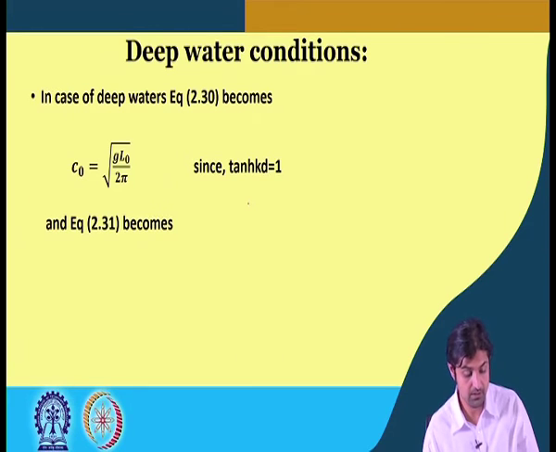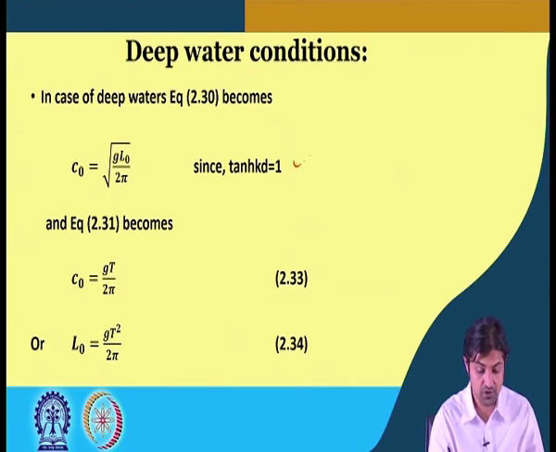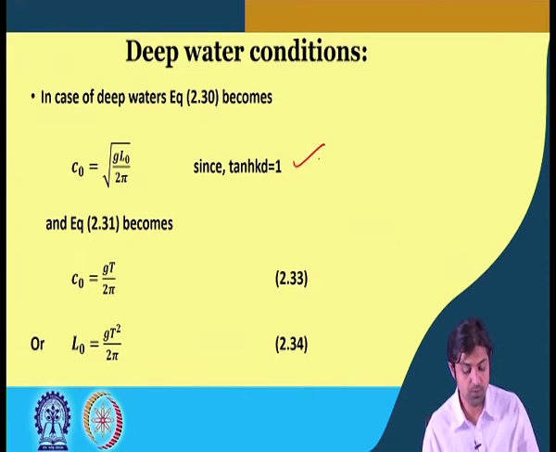Equation 2.31 was C naught equals G T by 2 pi, or L naught can also be written as G by 2 pi T square.